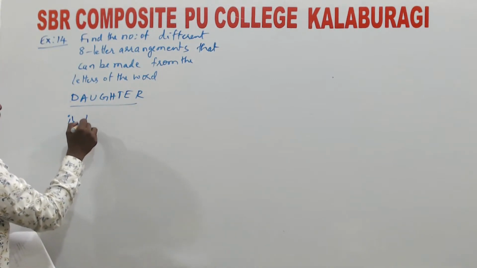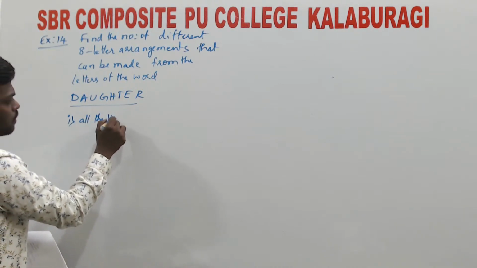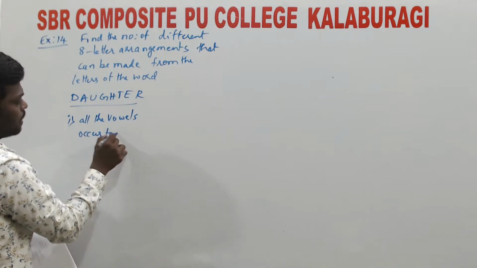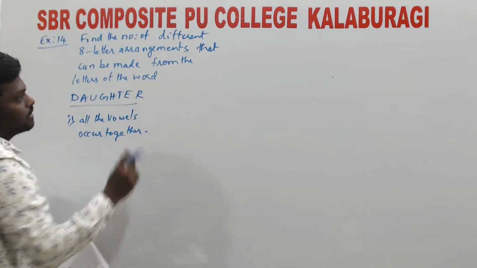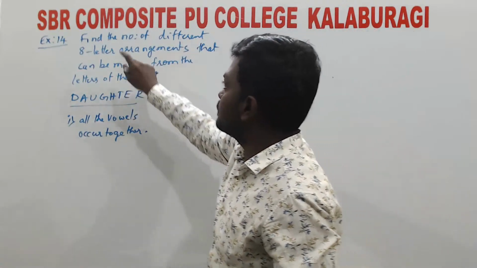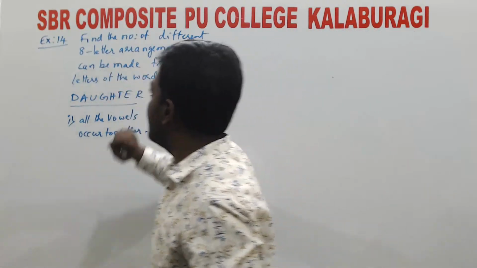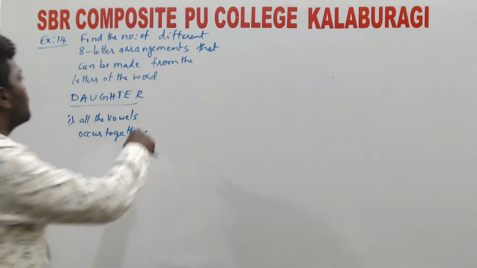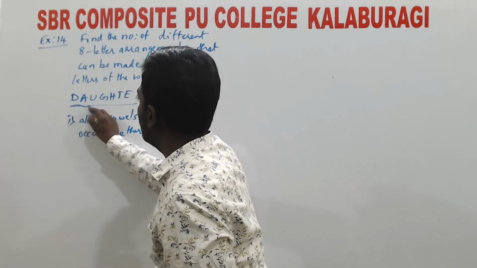So the first one: all the vowels occur together. Okay, students. Now here, what is given? Find the number of different 8-letter arrangements that can be made from the letters of the word daughter.